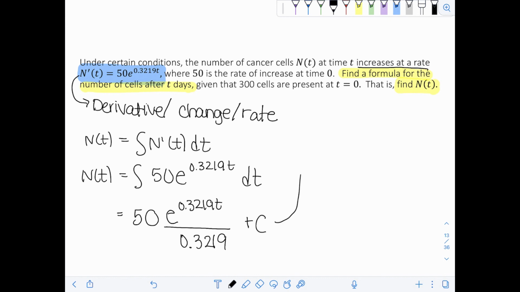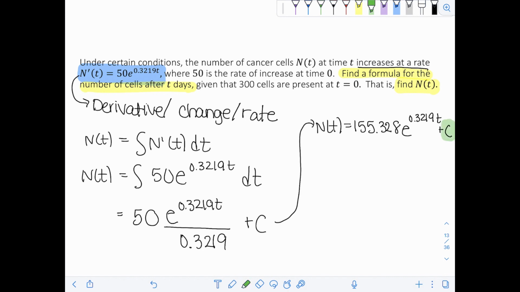That gives me, if I just want the number of cells, the function 155.328. I'll round it to 3 decimal places here, but I'll keep it stored in my calculator to keep all the decimals. And then e to the 0.3219 t, but then there is this plus c.